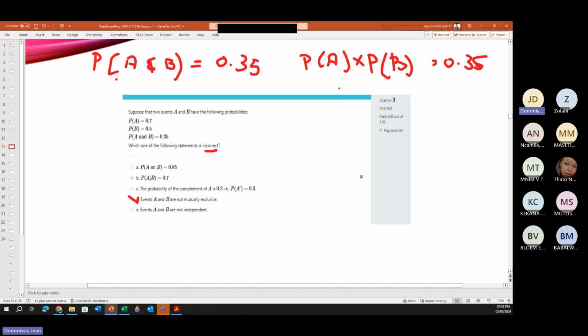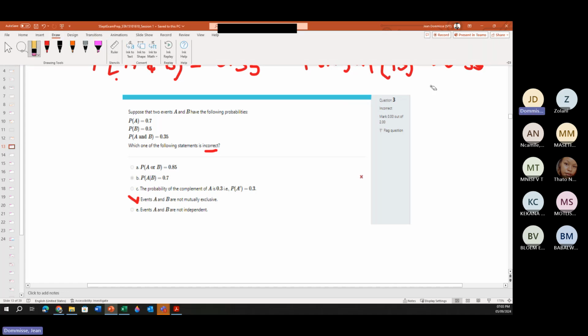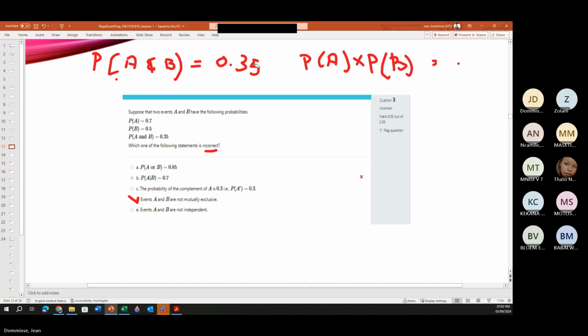So let's just check. 0.7 times 0.5, let's quickly work that out, is 0.35. Okay, so that is equal to the and. So this means that A and B are independent.